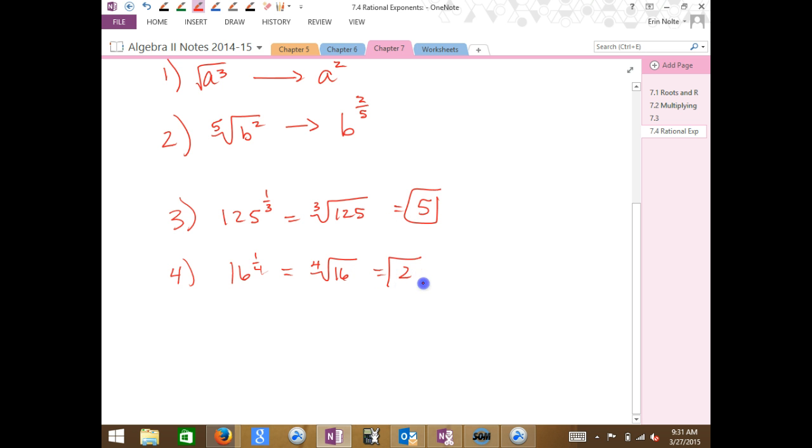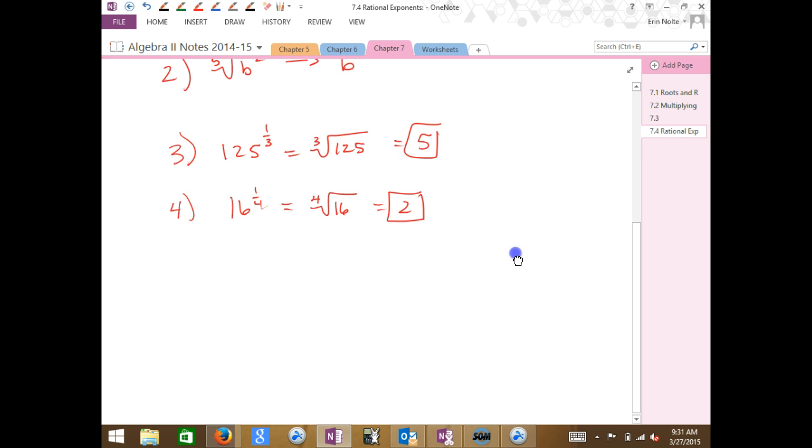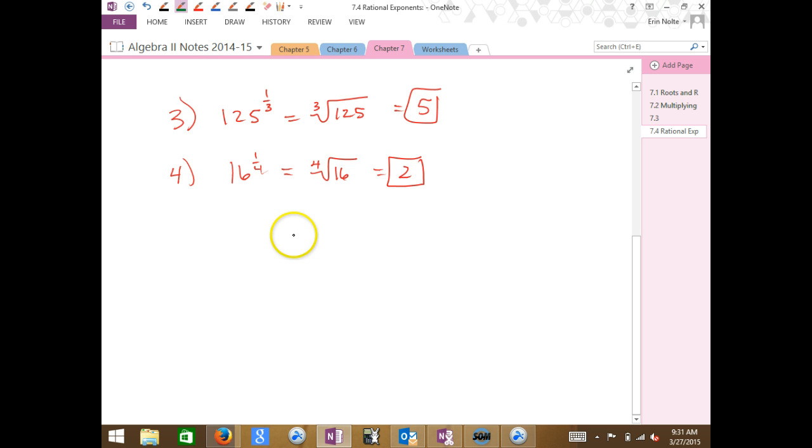Perfect. Now what I'm going to do is give you some properties, and these are all going to be the properties of exponential expressions. I'm going to give you 6 properties. Here's the first one.